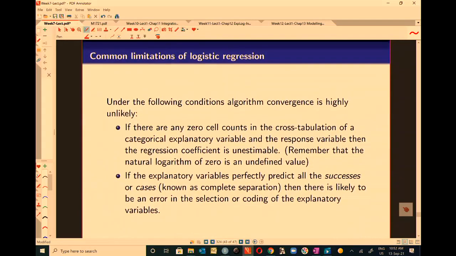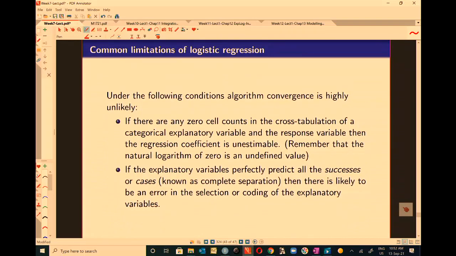Here are some common limitations. You might find any zero cell counts in the cross tabulation of a categorical explanatory variable against the response variable.